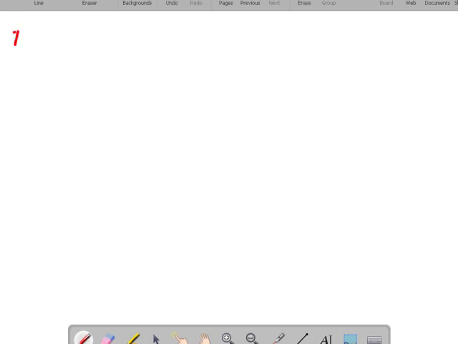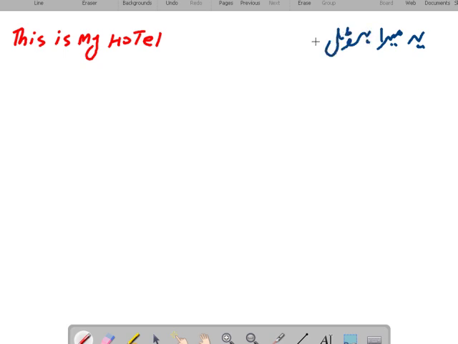This is my hotel. Let's deal with this sentence in Urdu. This is my hotel. ये मेरा, my मेरा, ये मेरा होटल है.